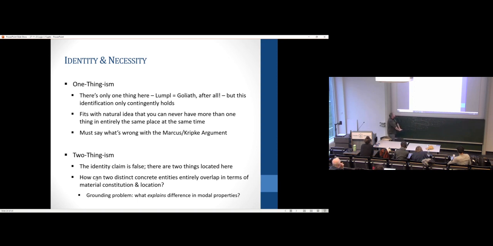One thingism says there's only one thing there. They're identical. But the identification is contingent. And the advantage of this view is it fits with a really natural claim, which is that you can never have more than one thing in entirely the same place at the same time.